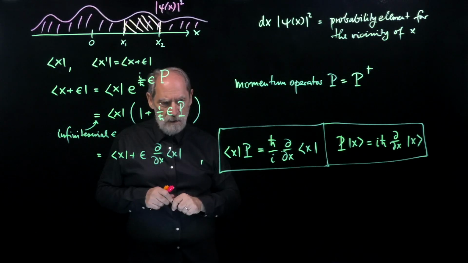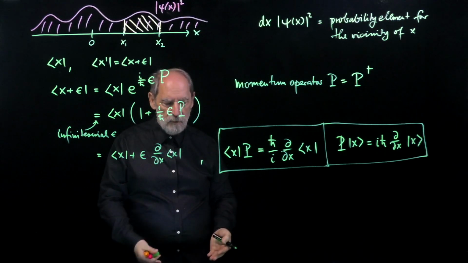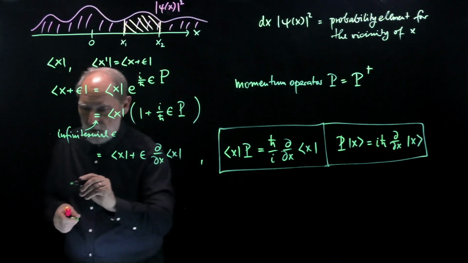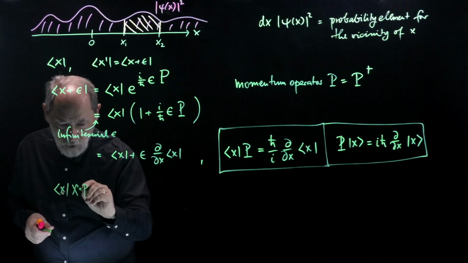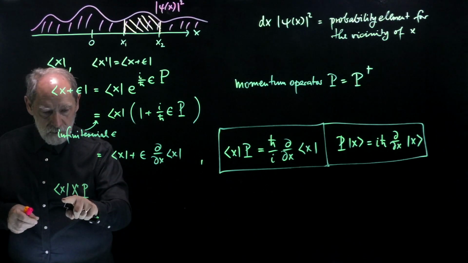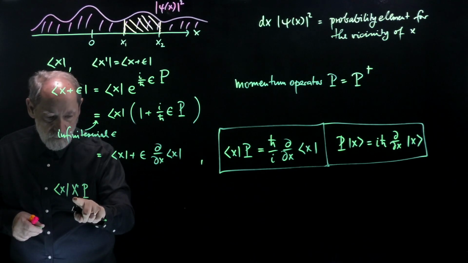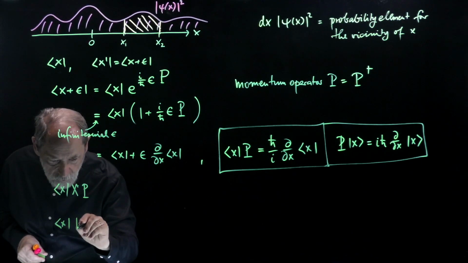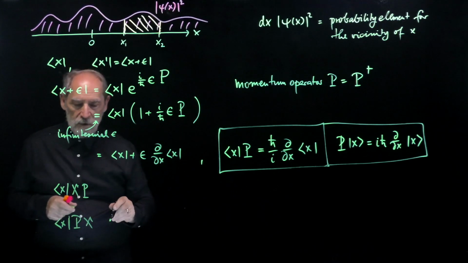So let's see what happens if we apply the position operator and the momentum operator to a position bra. So first I will work out the outcome when I take the position bra and I apply the position operator and then the momentum operator. And then later we will see what happens if I apply the momentum operator first and the position operator later.